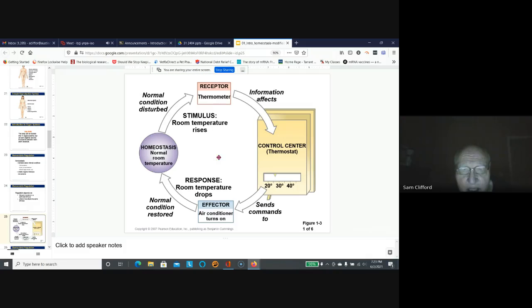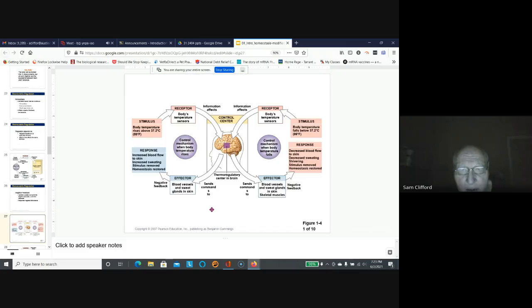So just like a thermostat, if the temperature goes up, it's going to be sensed by the receptor, received by the brain, and processed. And the rise in temperature is negated by the turning on of the air conditioning, or in the body, if your body temperature is going up, you're going to have delivery to the central nervous system, processing, and you're going to have effectors with that.